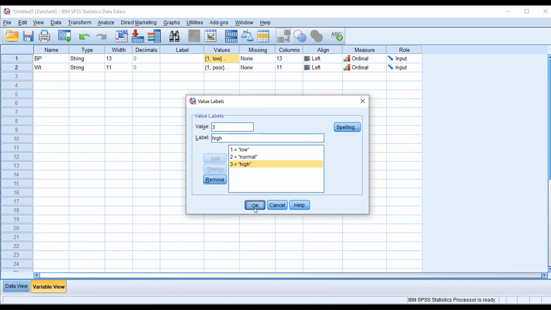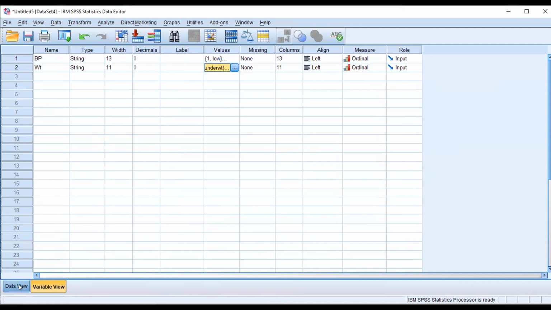In the same way, in weight I have to keep only three categories: 1 underweight, 2 normal weight, 3 overweight. This is my data set.